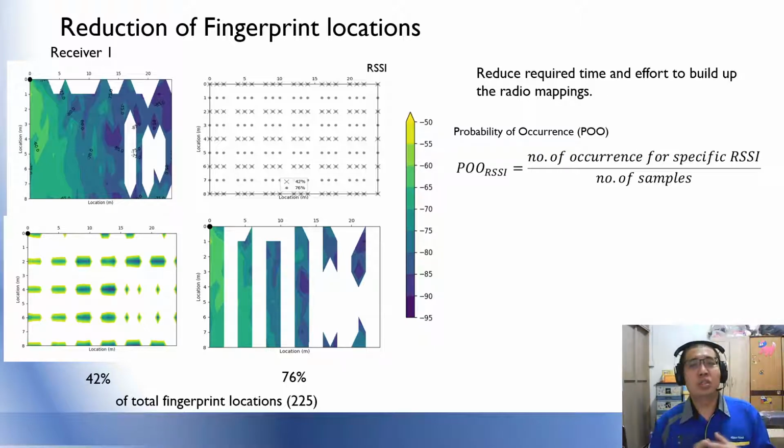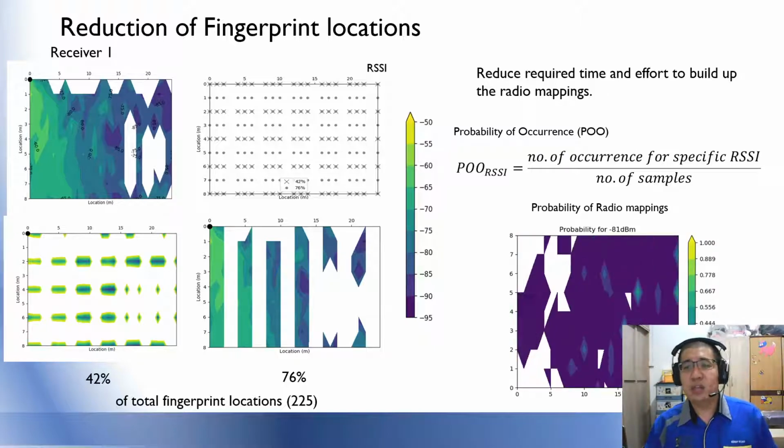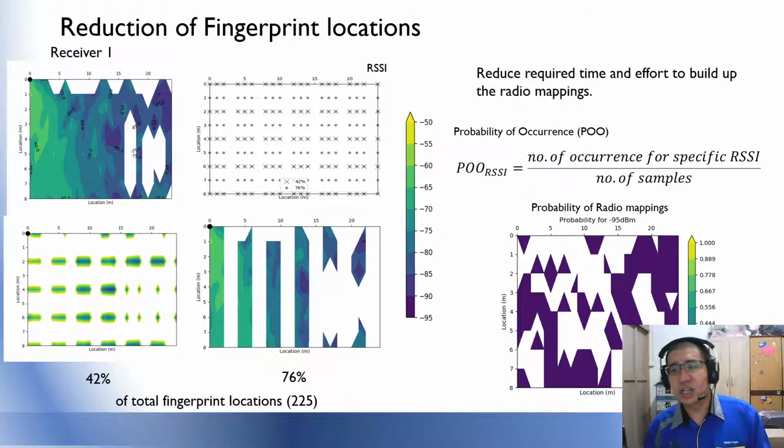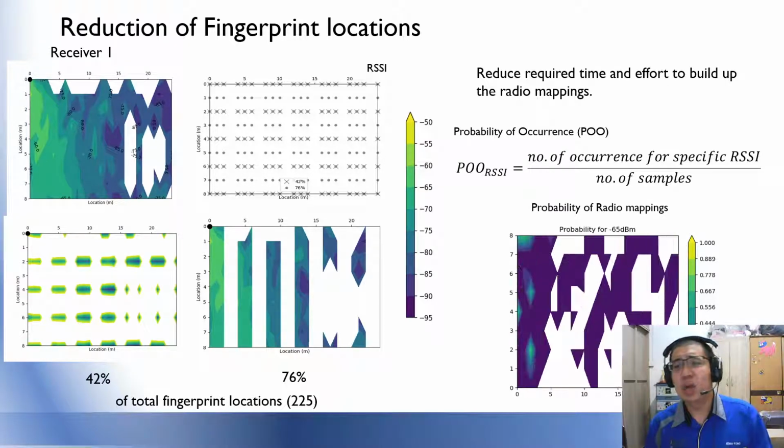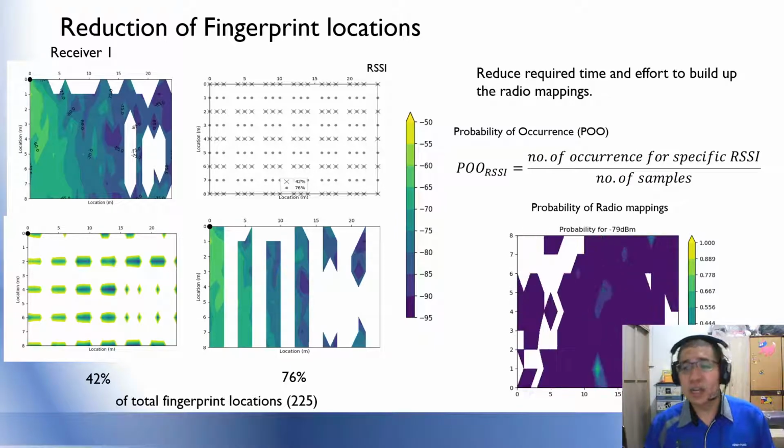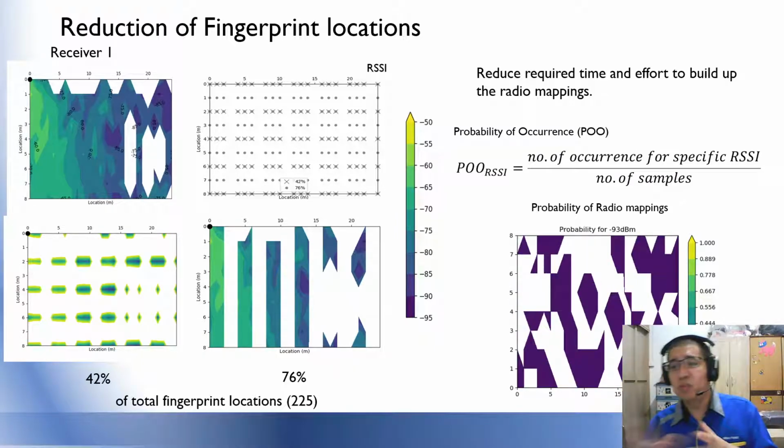With the consideration of the probability of occurrence (POO) of a single RSSI at a single fingerprint location, we convert the RSSI values into probabilistic form and stack all the probabilistic radio maps to generate an RBF interpolation that completes the radio mappings. As shown on the slides, these are the GIF versions for every single probabilistic value of the RSSI. As you can see, the moving GIF version is on the slide.